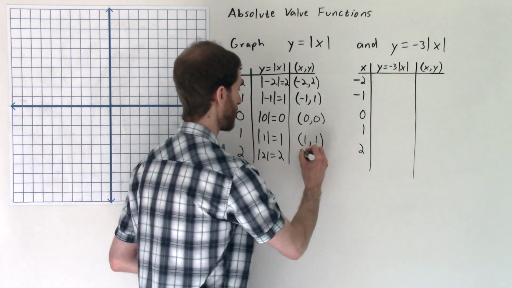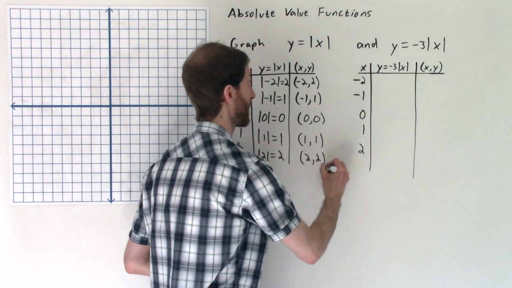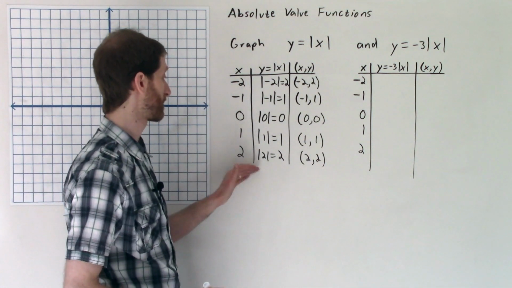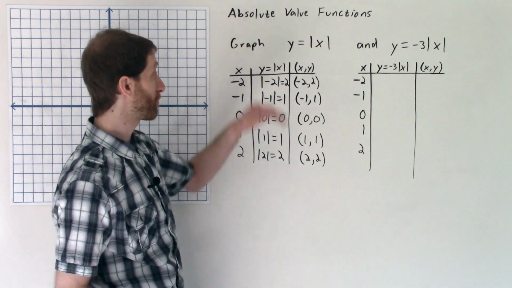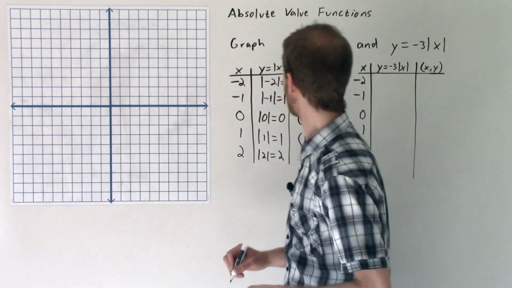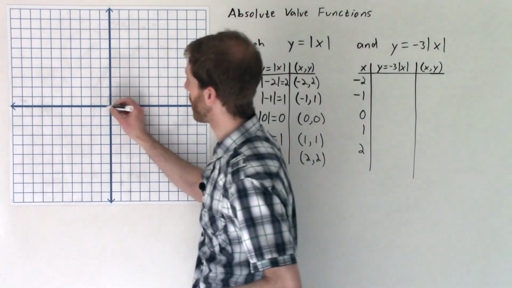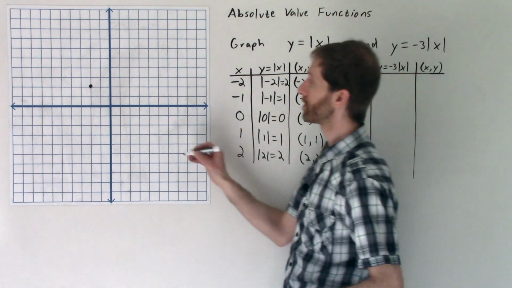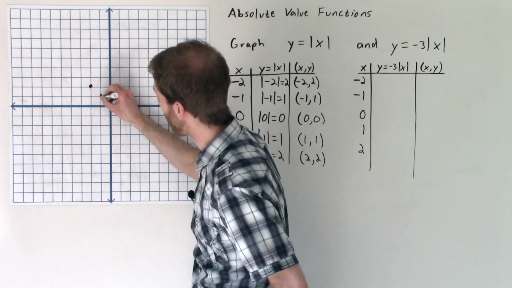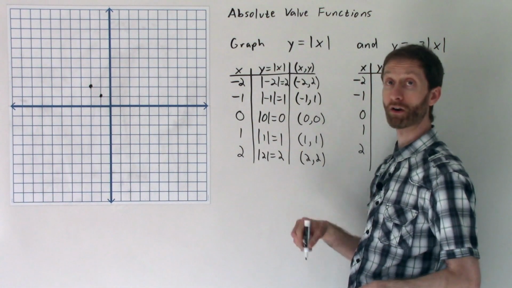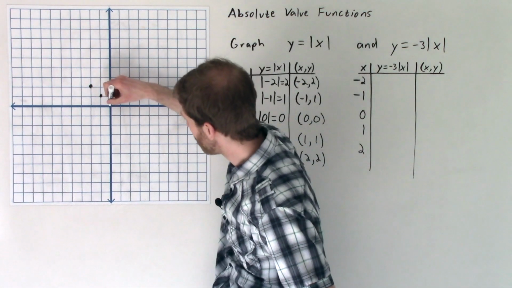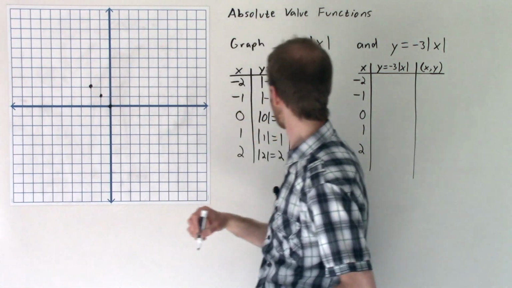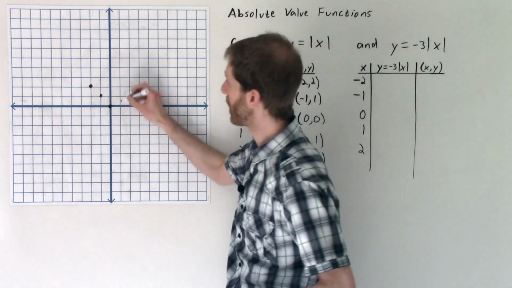Okay, so let's plot those points, and then we'll go back and do -3 times the absolute value of x. 2, 2, all the way through to -2, 2. Let's do it. -2, 2 is going to be left 2, up 2. -1, 1 is over here, left 1, up 1. 0, 0 is plotted right at the origin. 1, 1, right 1, up 1.